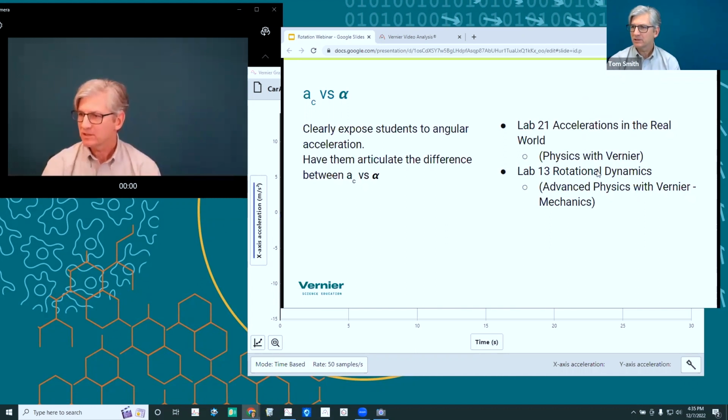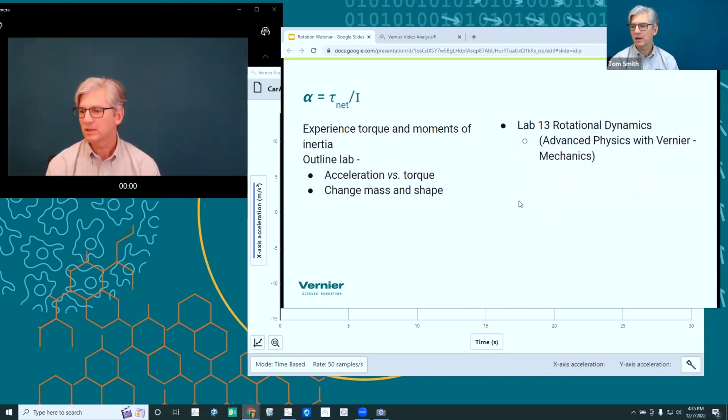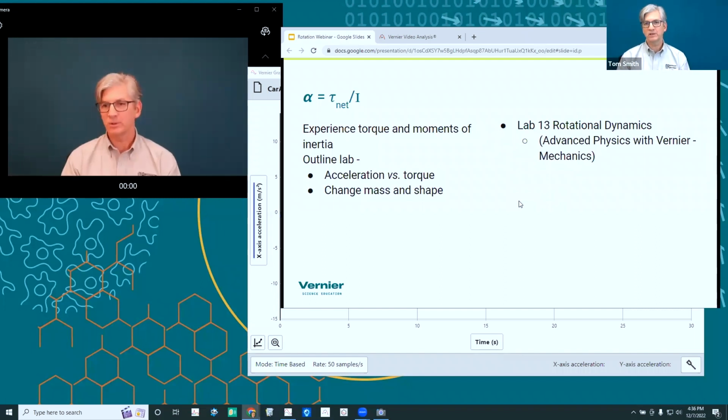The next, Lab 13, we'll talk about here is really getting into the topic that we're hoping to get to in the first place when we start off on this trip.